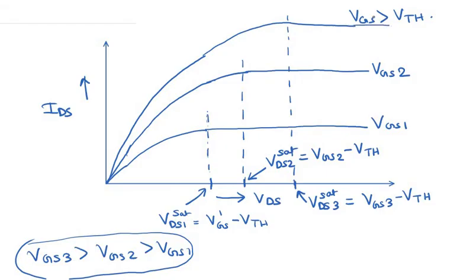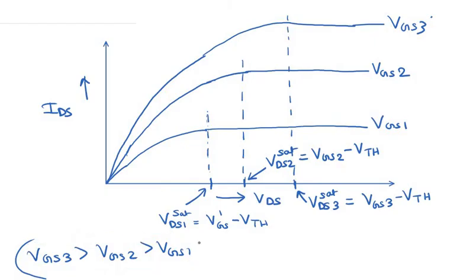So this is for VGS3. And all of these, VGS1, VGS2 and VGS3, are greater than the threshold voltage VTH.